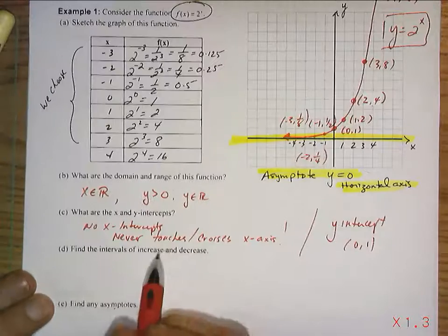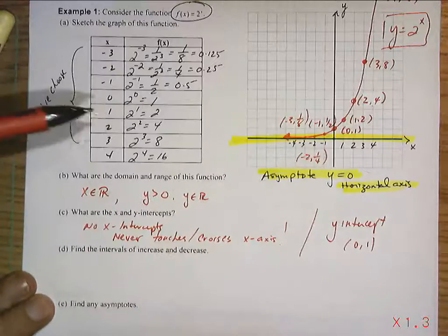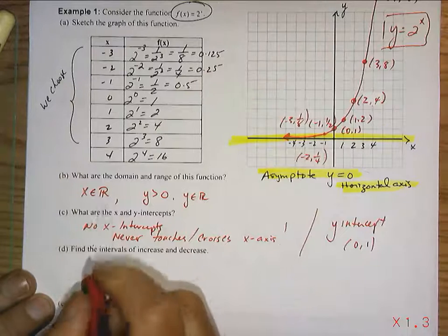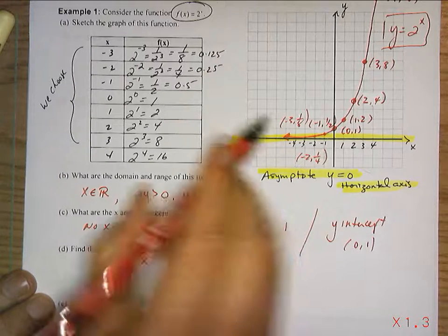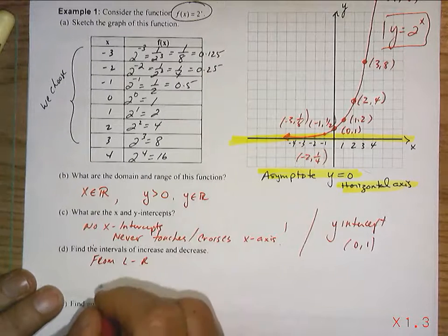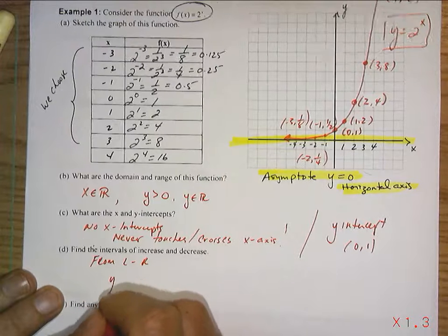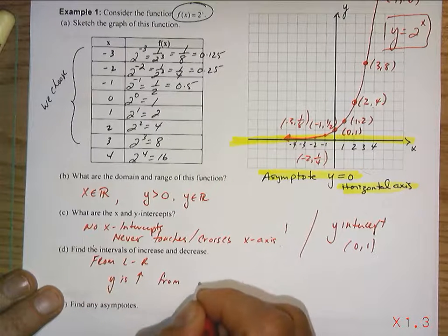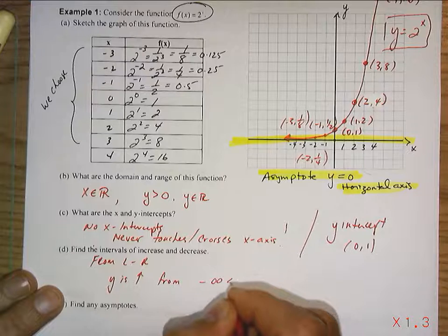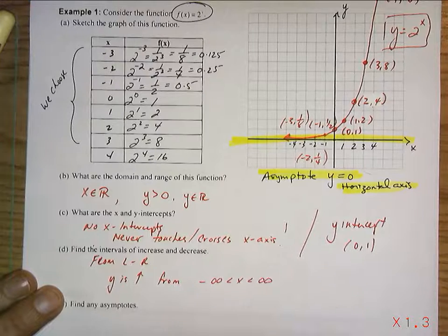Find the intervals of increase or decrease. Now remember, that's going left to right. So from left to right, we are only increasing. So y is increasing from negative infinity to positive infinity for x.